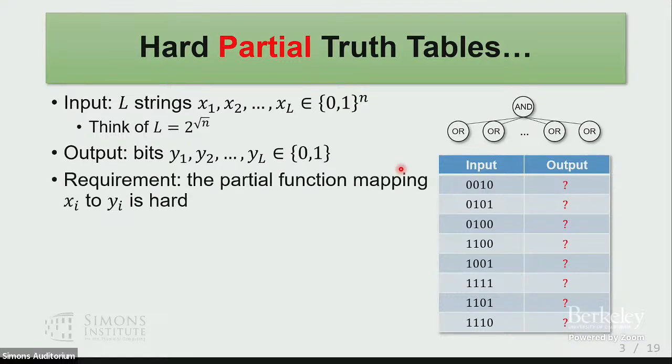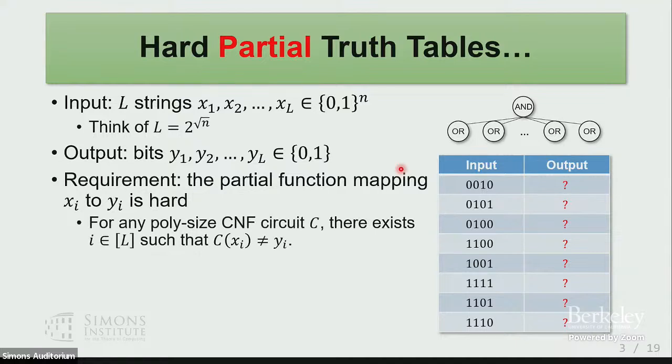The requirement is that the partial function from x_i to y_i you get will be hard for CNF formulas, which means for any CNF formula of poly(n) size, there exists some i such that C fails to map x_i to y_i.